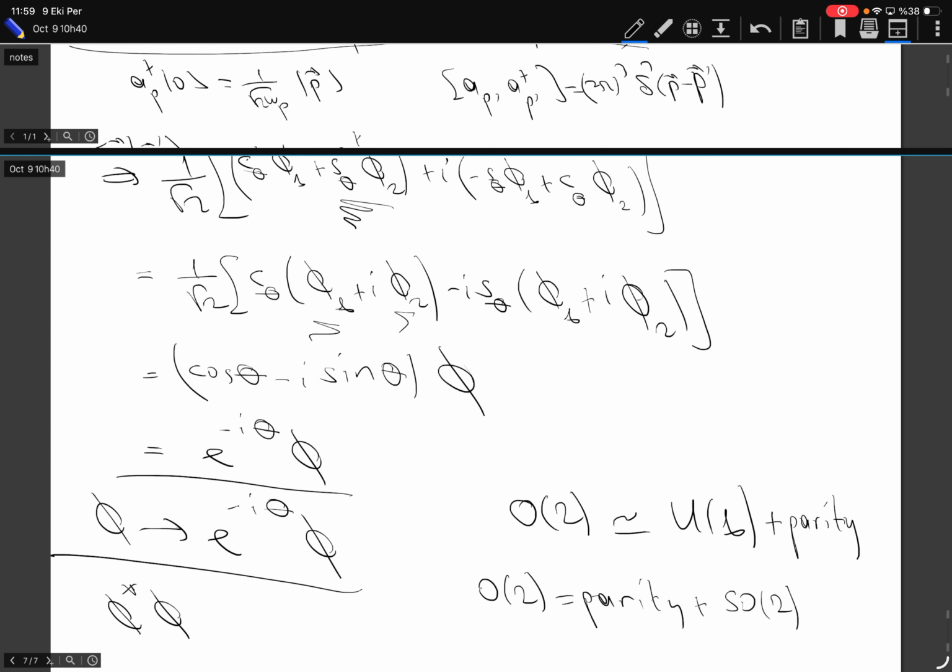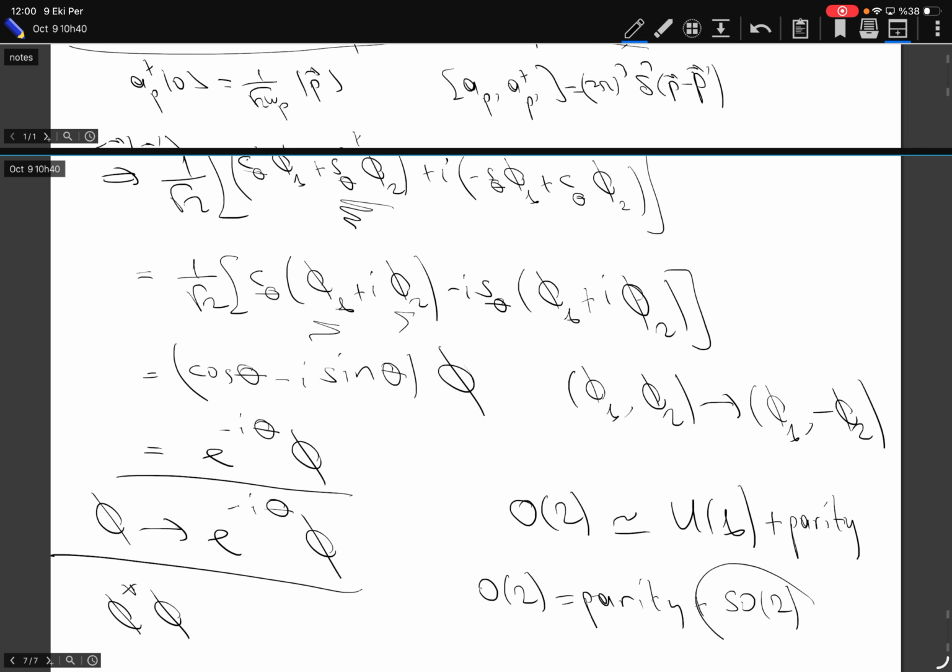Let me repeat myself. The initial Lagrangian I wrote had an O2 symmetry because it was also invariant under phi 1, phi 2 goes to phi 1, minus phi 2. My Lagrangian is also invariant under this one. So it's invariant under rotations, that is one thing.